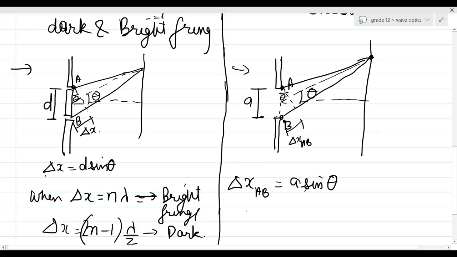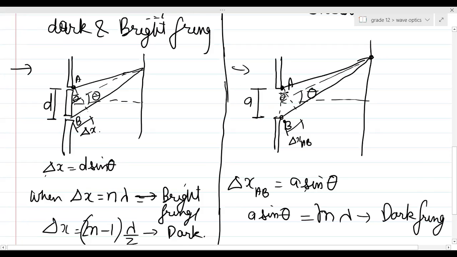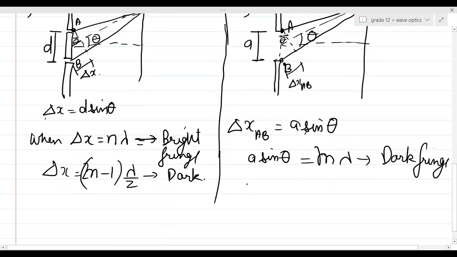When this a sin theta is equal to m lambda, then you get a dark fringe. It becomes reversed, so please take care. And similarly, when a sin theta is equal to (2n plus 1) lambda by 2, then you get a bright fringe.